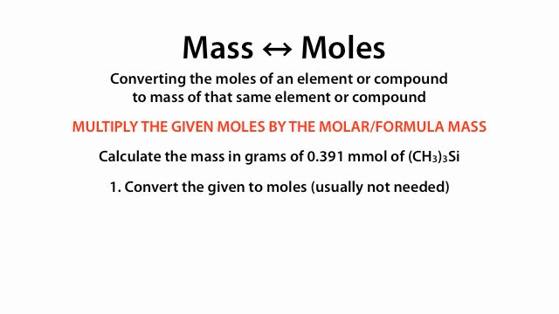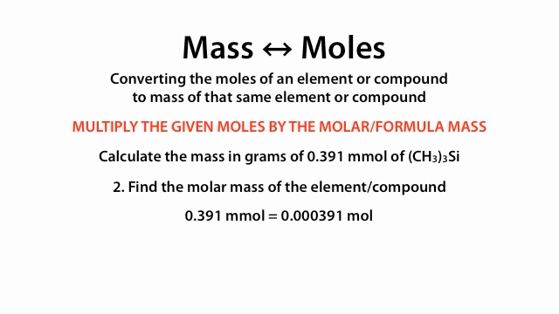And we do this by dividing by 1,000 again. 0.391 divided by 1,000 is 0.000391 moles. Step 2, find the molar mass of the element or compound. So I'm going to find the molar mass of CH3SI, and I get a molar mass of 73.191 grams per mole.